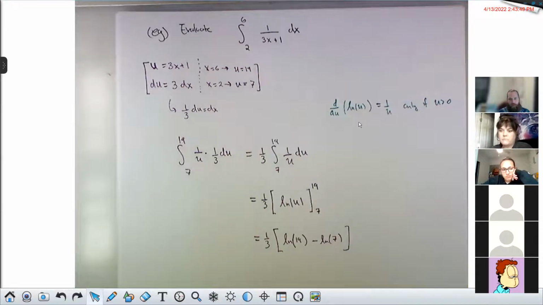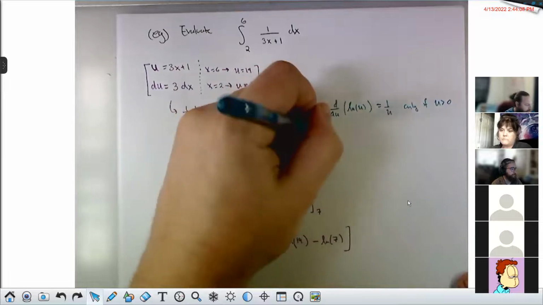If u is negative, then this function isn't even defined, right? So what I'd really like is an antiderivative, something that could go inside here, that works not only when u is positive, but also when u is negative.